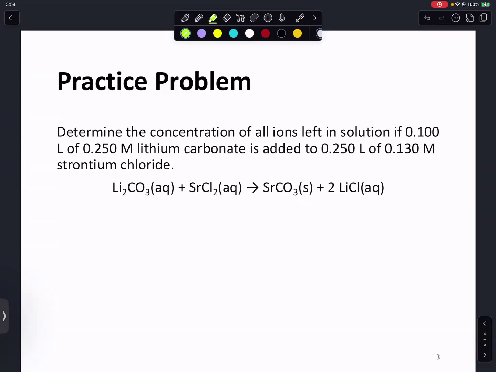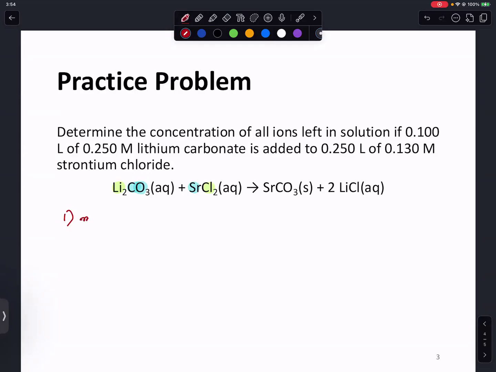As a reminder, we have already determined that lithium and chloride are the spectators. So in this case, I am looking at carbonate or strontium as my limiting or excess.